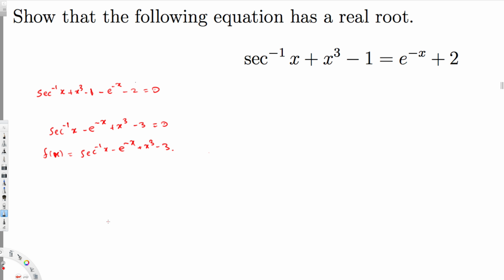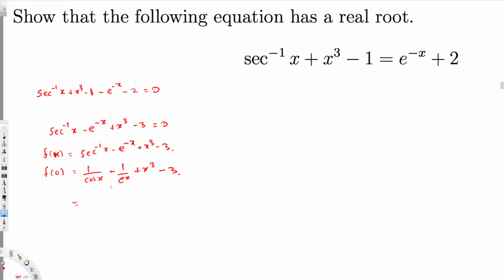Now the first thing we usually do is plug in 0 and get the value. Let's see what value I get if I plug in 0. Sec inverse x, I can write as 1 over cos x, because sec is the reciprocal of cos. And e power minus x, I can write as 1 over e power x, plus x cube minus 3.